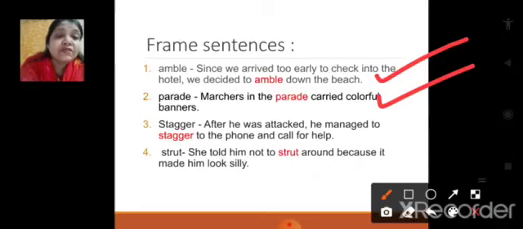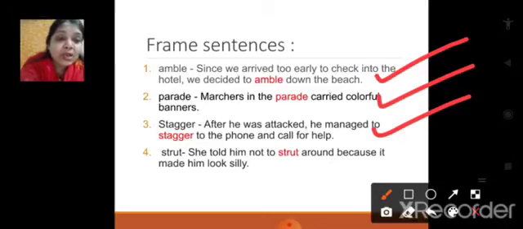So after he was attacked, he managed to stagger to the phone and call for help. Next, strut. Strut is basically walk showing off, right? So the sentence over here says that she told him not to strut around because it made him look silly.